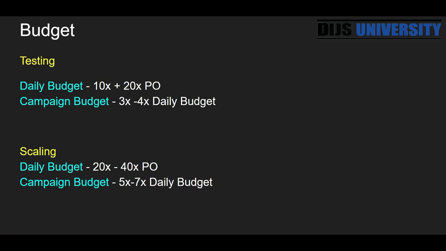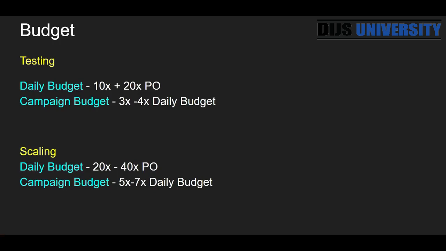However, we do recommend going in a little higher because you will be able to allocate and distribute an even budget throughout the day in order to maintain the impressions and the volume that you need in order to get your push notifications in front of an audience to get those clicks so you can get your conversions. So again, 10 to 20x the payout. I put a plus symbol there and it should be the multiplication symbol, so excuse that.